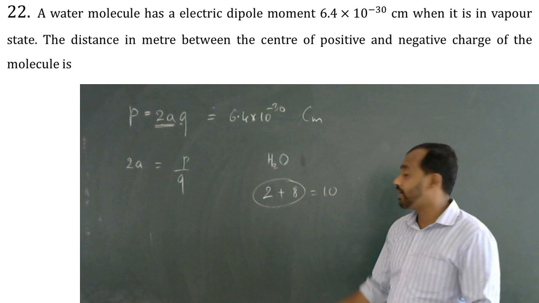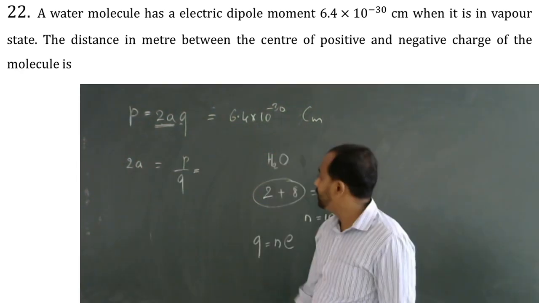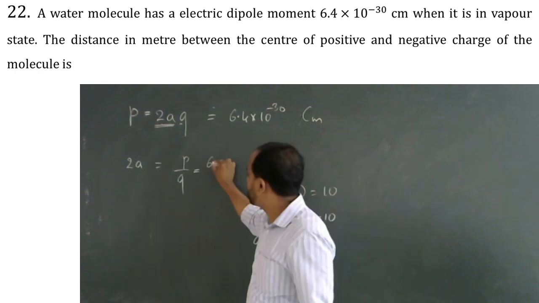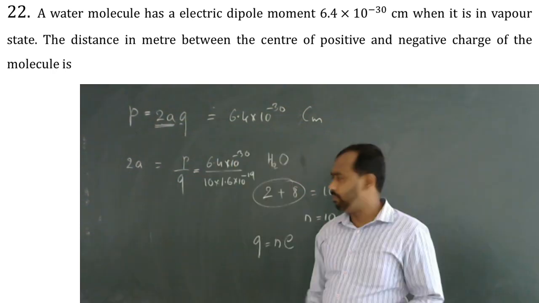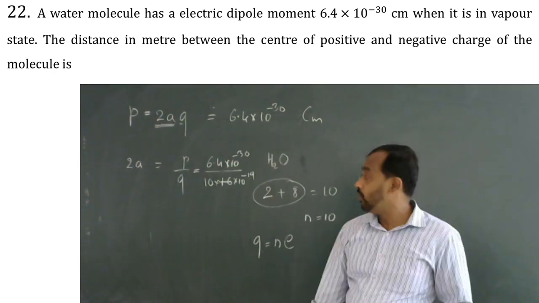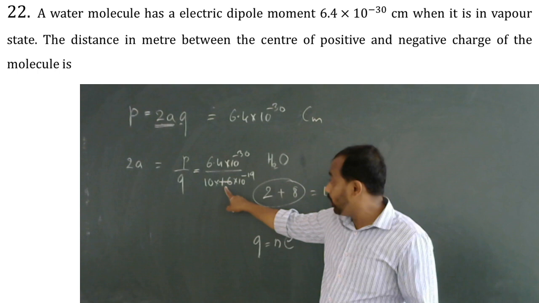Hence the value of q will be equal to n into e, the charge possessed by each electron. We are going to substitute that here. So 2a is equal to P by q, which is 6.4 into 10 raised to minus 30 divided by n, 10, into e, the charge of the electron, 1.6 into 10 raised to minus 19. And it is very simple. So 1.6 ones are 1.6, 1.6 4 times are 6.4.